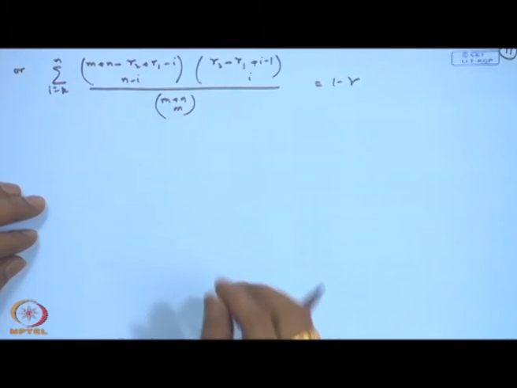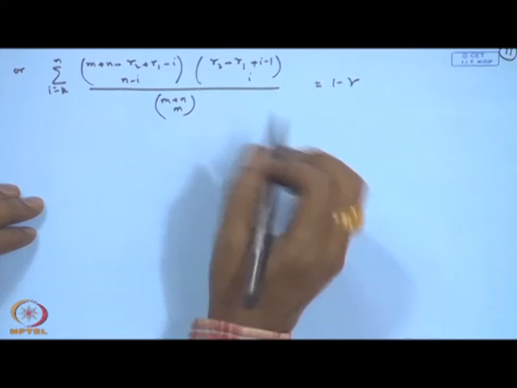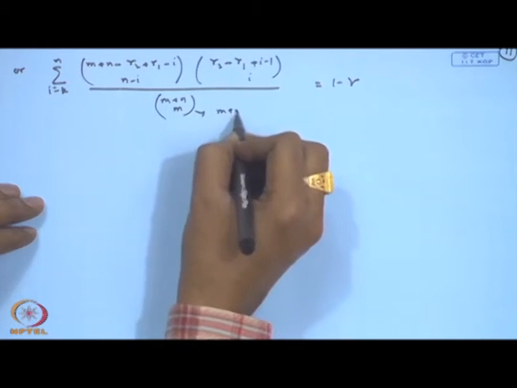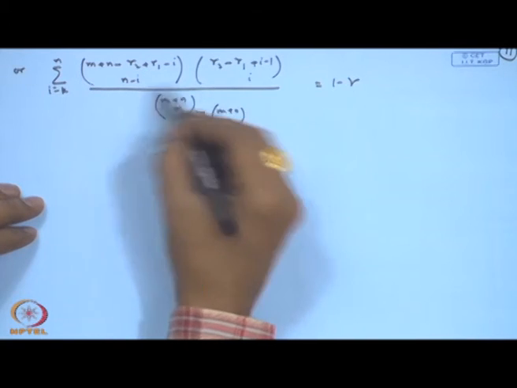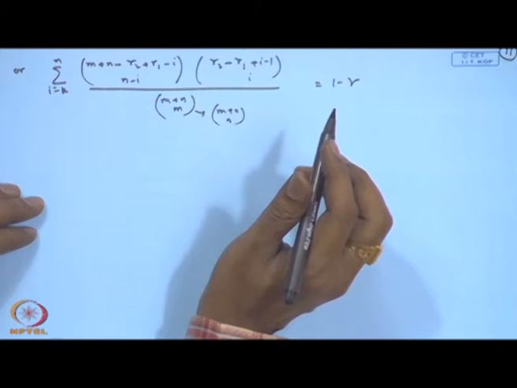So, from the tables of the factorials or the hypergeometric distribution, this can be calculated here. So, basically this is hypergeometric here. This is m plus n C m, that is also the same as m plus n C n. So, both are the same, therefore, this is a proper hypergeometric term here.